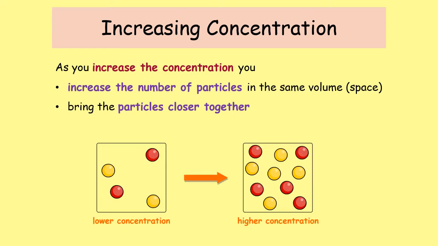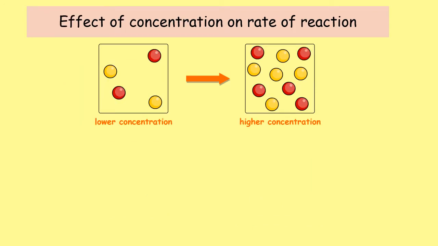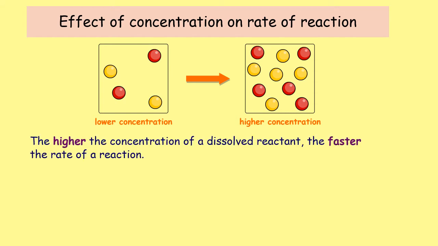So you can see in this diagram that whenever we've got a low concentration, there are fewer particles and they are slightly further apart than in the diagram on the right, where we've increased the concentration and the particles are a lot closer together and there's more of them. So looking at this diagram, how does this affect the rate of reaction? Well, the higher the concentration, the faster the rate of reaction. So as you increase concentration, you increase rate of reaction.